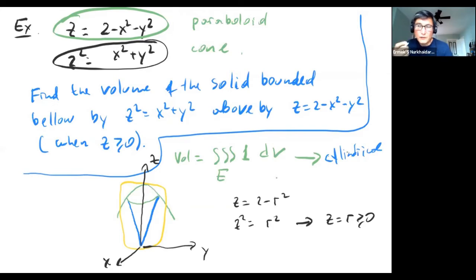Z changes from the bottom, which comes from the cone, r, to the top, which is 2 minus r squared.